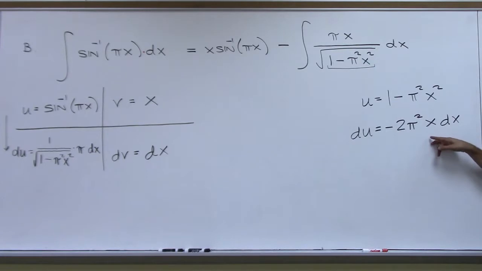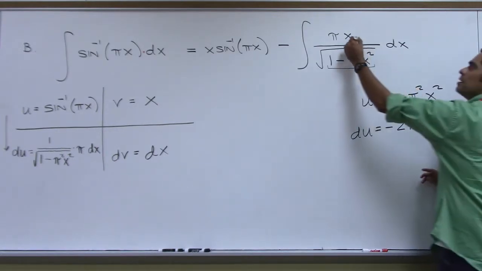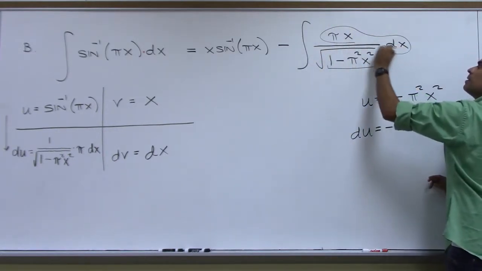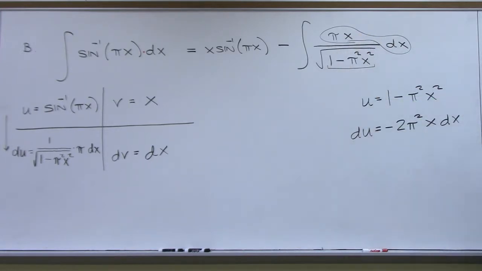Do you have that somewhere? Almost, right? Almost. What do you have? What we do have is this. Pi x dx, right? Pi x dx. Well, I have two factors of pi. I have pi squared, so I can just peel one off. I do have a pi x dx, don't I? But I also have the negative 2 and an extra pi. So how can I resolve the negative 2 and the extra pi that's there?